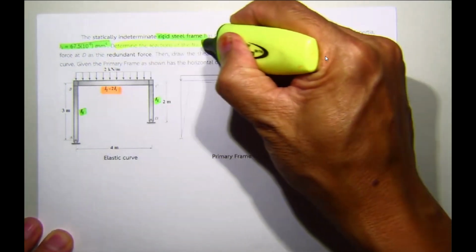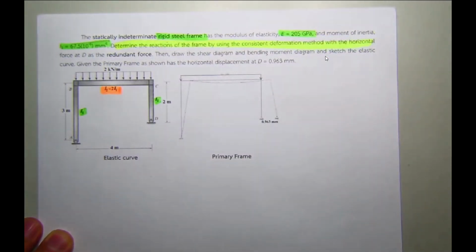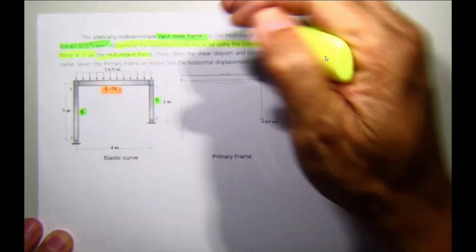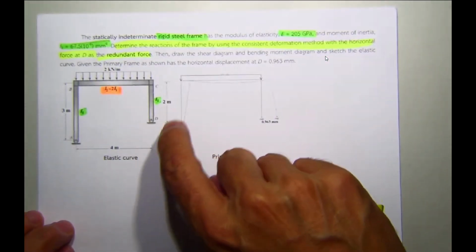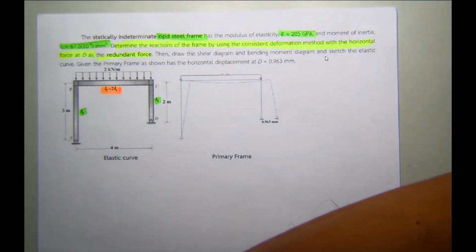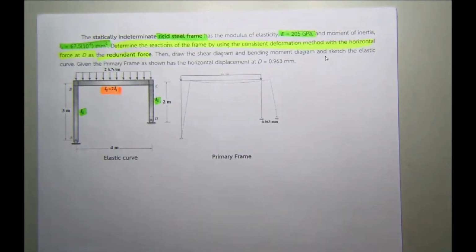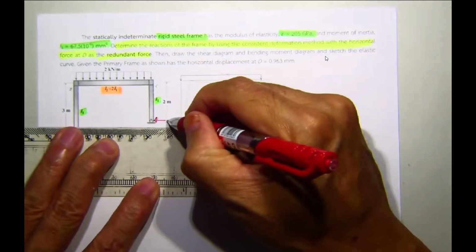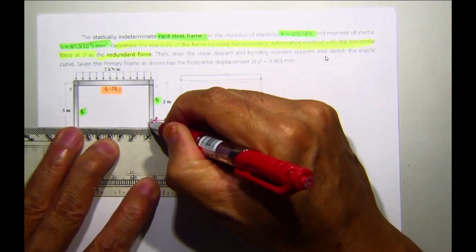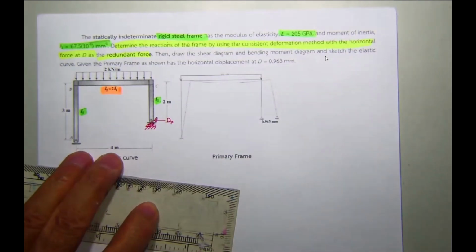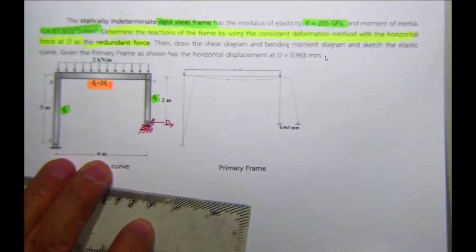It is difficult to determine the reactions by equilibrium alone, so we could use the horizontal force at point B as the redundant. Now, if you release it, you should translate the frame, okay, by what? If you put D sub x as your redundant force, this support must change to a roller.